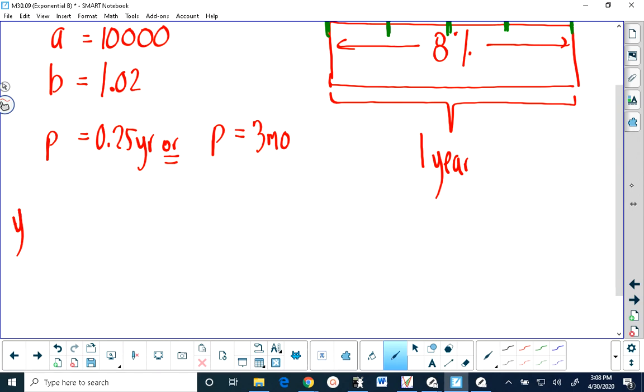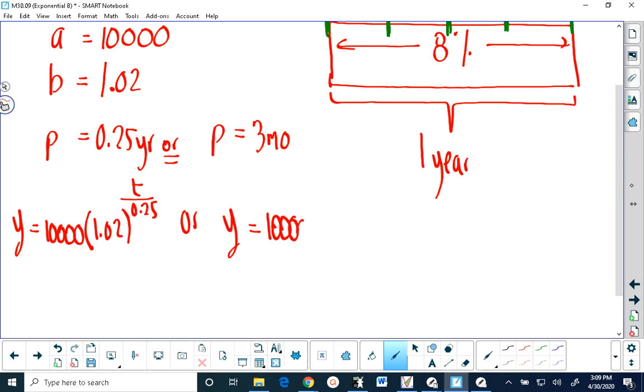You can get Y equals A, which is 10 grand, multiplied by 1.02 raised to the T over P, T over 0.25, or you can get Y equals 10,000, which is the initial amount, multiplied by 1.02 raised to the T over 3.